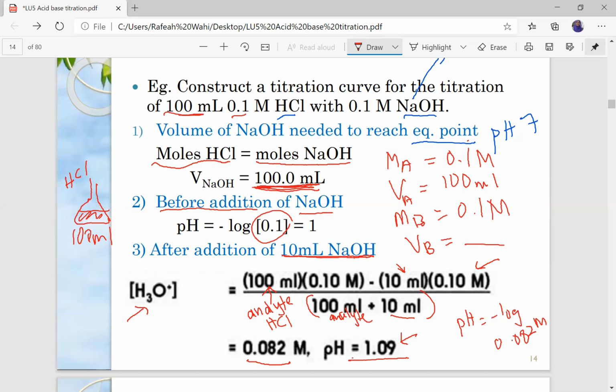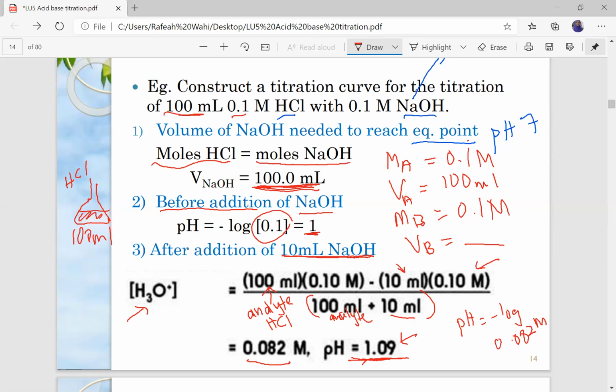The pH of 1.09 is slightly increased from the pH of the HCl, your analyte, before any addition of NaOH. So you know that you're doing it right.